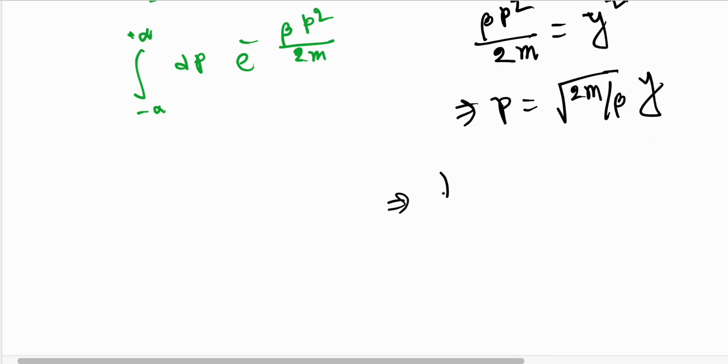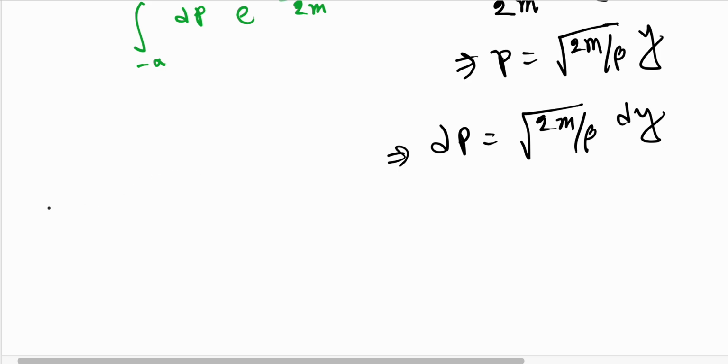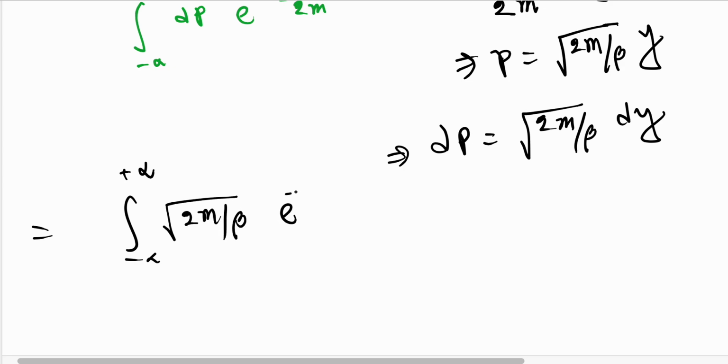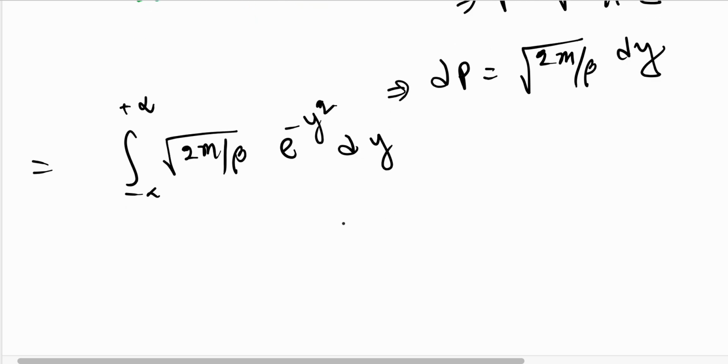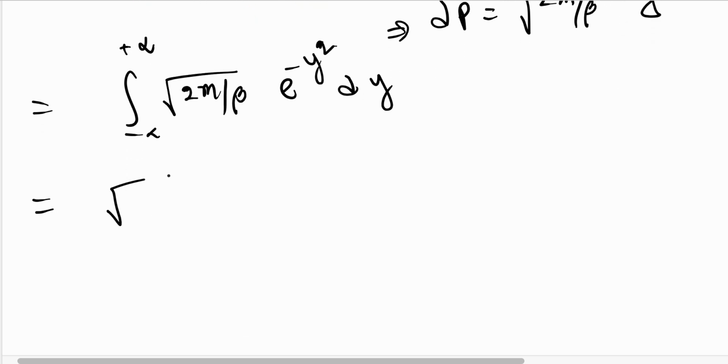So dp equals root over 2m by beta into dy. Put it here: minus infinity to plus infinity, root over 2m by beta, e to the power minus y square dy, which gives root over 2m by beta, integral from minus infinity to plus infinity dy e to the power minus y square.